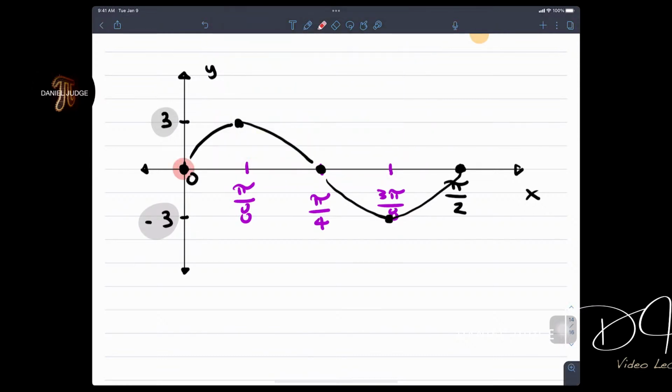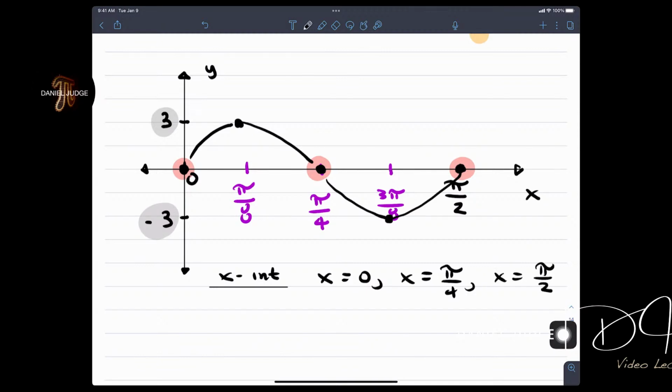Remember, the x-intercepts is where your sine curve touches the x-axis. And so the x-intercepts occur when x is the value 0, when x is the value pi over 4, and they occur when x is the value pi over 2 here.